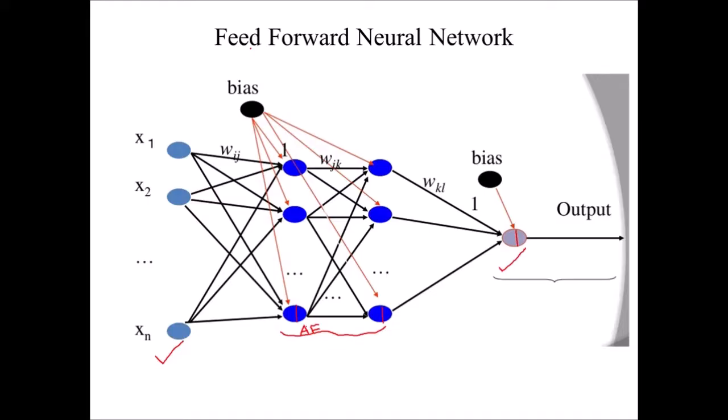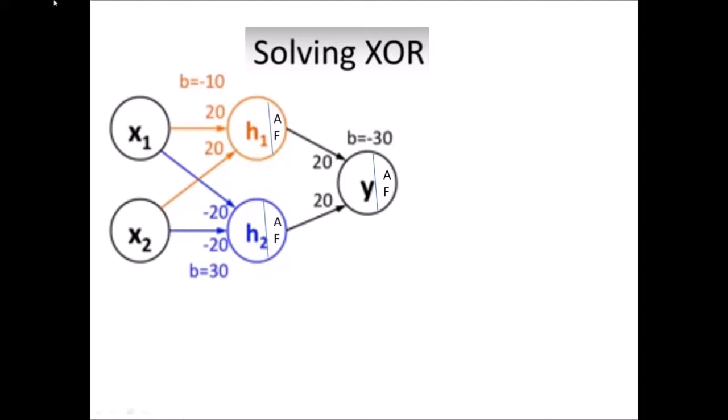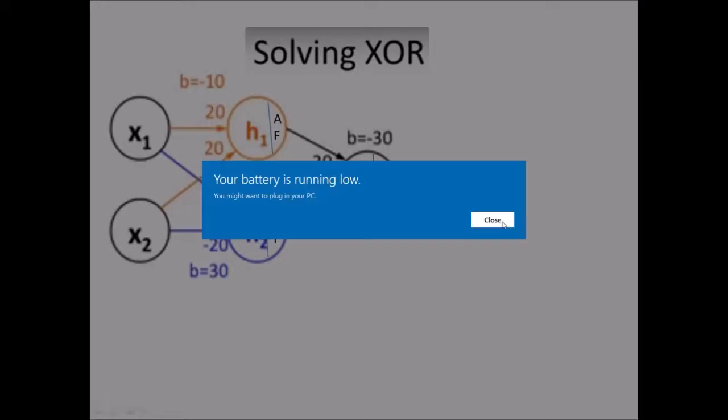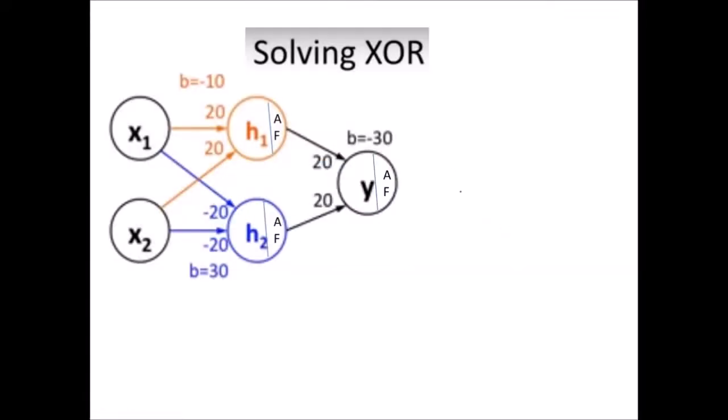Now we'll see how to use this multi-layer neural network to solve the XOR gate problem. Now consider this multi-layer feed-forward neural network. It has two inputs, x1 and x2. These are the branches connecting x1 and x2 to the hidden layer. Here we are using only one hidden layer. H1 and H2 are the functions of the hidden layer, and each hidden node has an activation function.